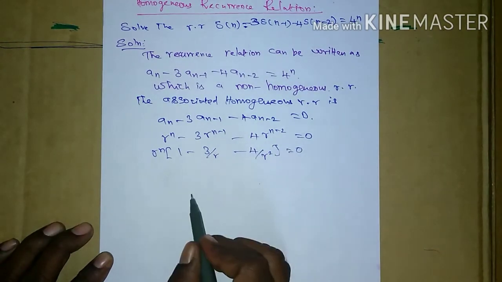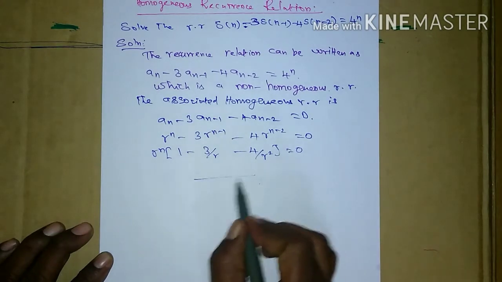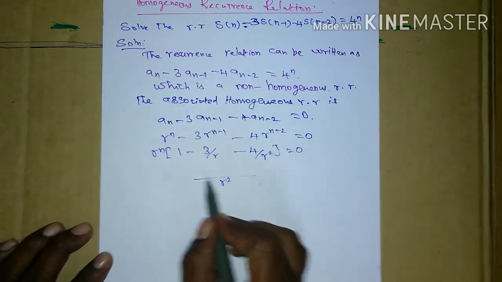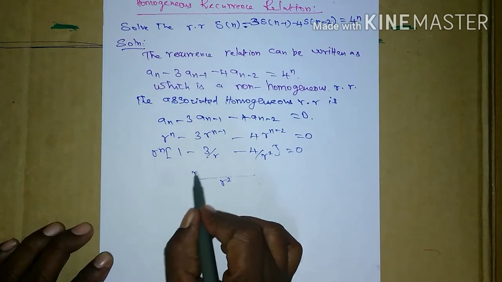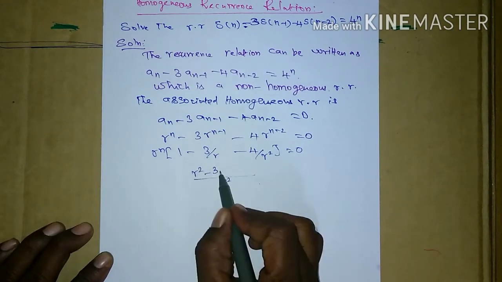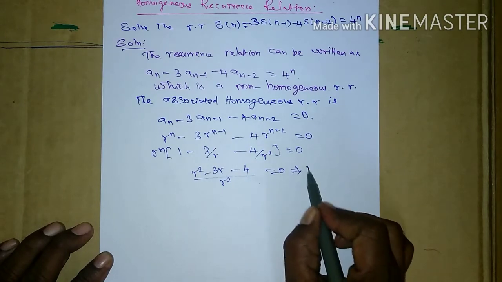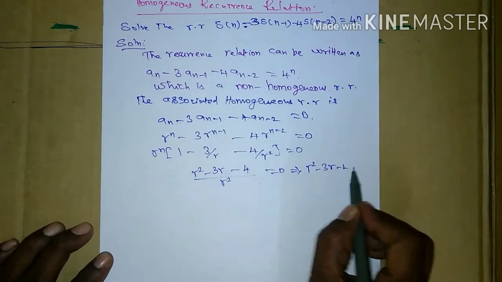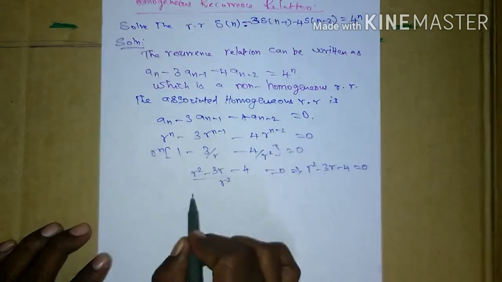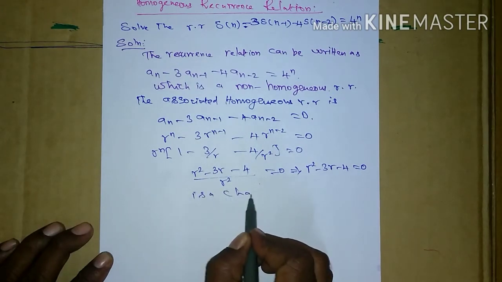Bring r power n to the right hand side, it is 0. Therefore, the LCM r square multiplied: r square minus 3r minus 4 is equal to 0, which is the characteristic equation.